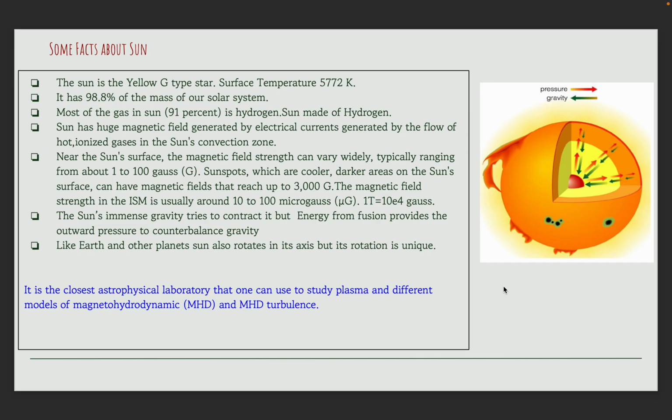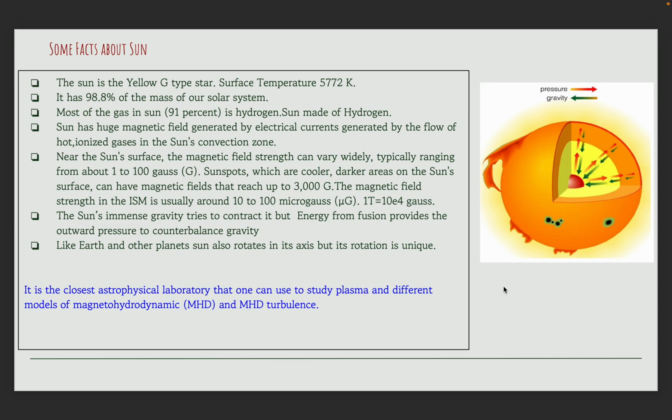Typically, the magnetic field strength is approximately 1 to 100 Gauss, and sunspots, the dark, colder areas on the Sun's surface, have a magnetic field of about 3000 Gauss. The magnetic field strength of the ISM, the interstellar medium, is about 10 to 100 microgauss. 1 Gauss is equal to 10 to the power minus 4 Tesla.